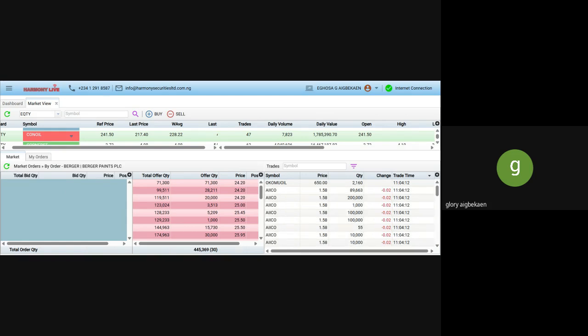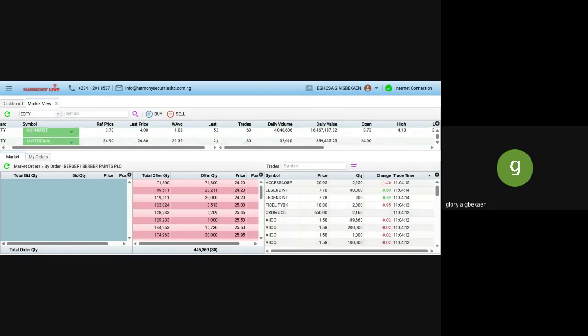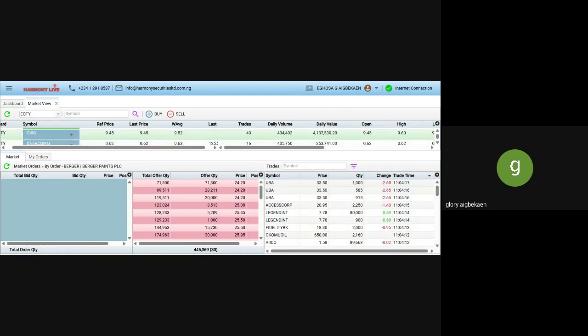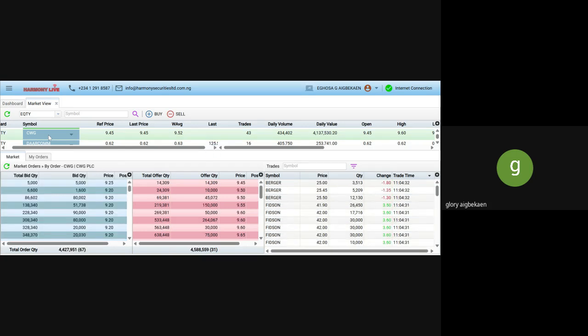You know that for most of the accounts I manage, Computer Warehouse is one of the stocks that I have bought for almost everybody. Let me double click on it now. You know that it's a technology company.